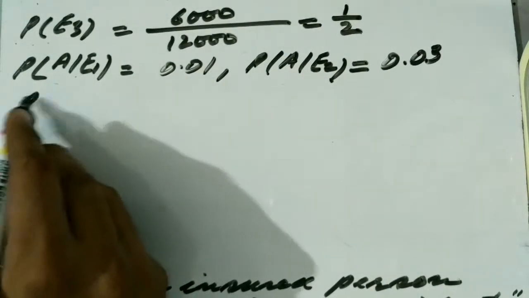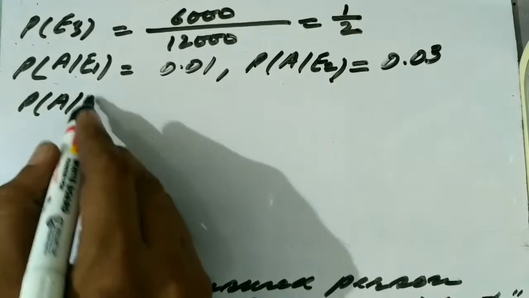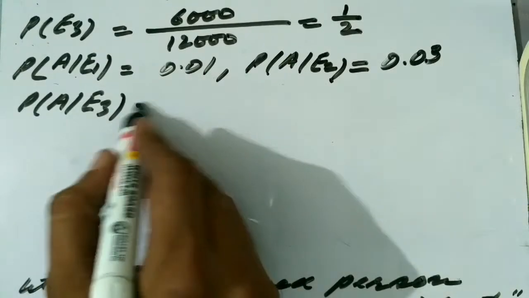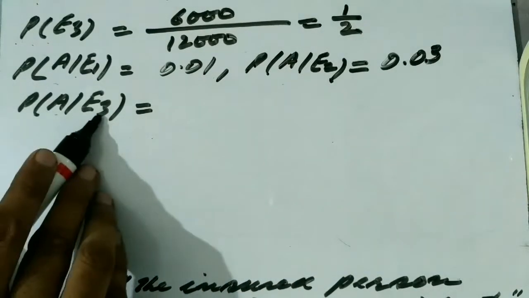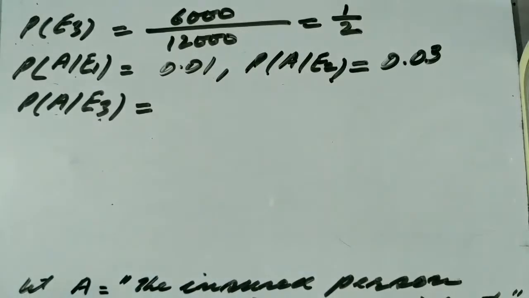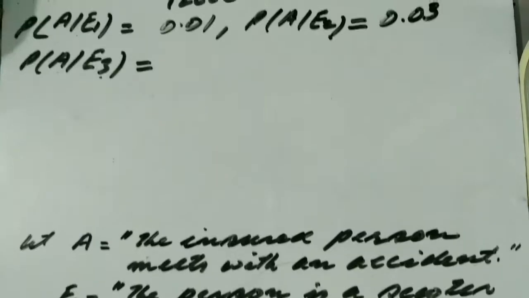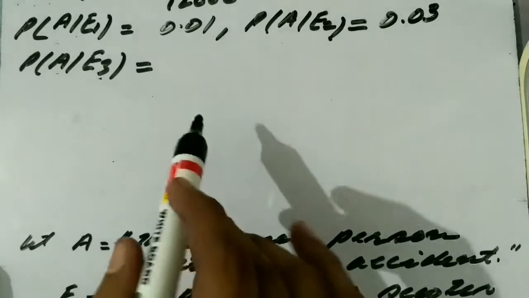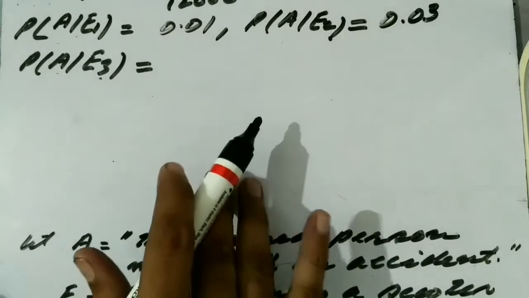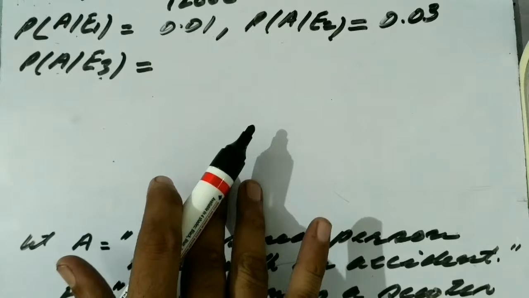Now, P(A | E3) is given in the problem. As we know that E3 is the event that the person is a truck driver, then if the person is a truck driver, what is the probability that he will meet an accident?